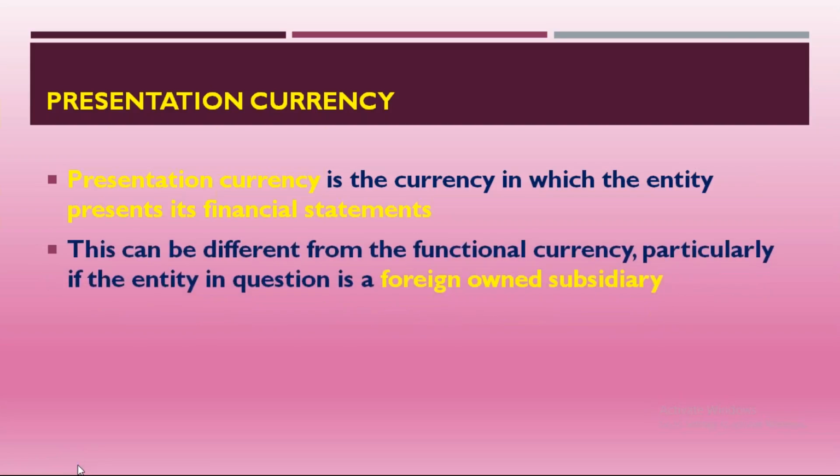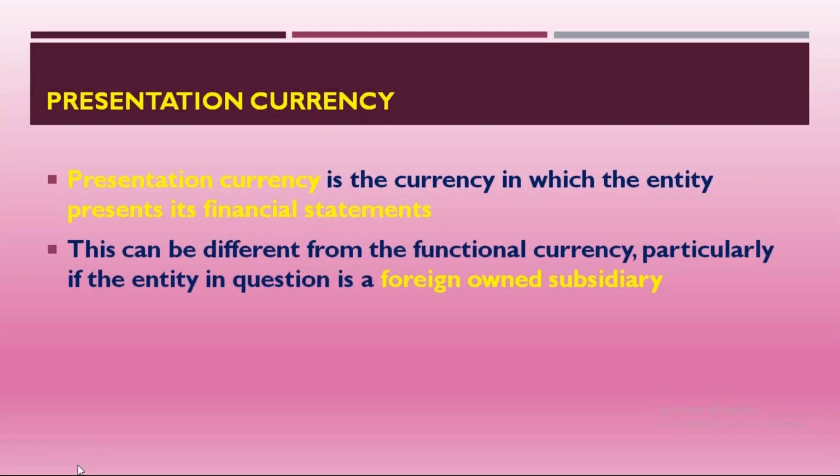This can always be different from the functional currency, particularly if the entity in question is a foreign subsidiary. So you are the parent, you are a sterling company, but you have a subsidiary in Sri Lanka. The Sri Lanka subsidiary will prepare its statements in the Sri Lanka functional currency.